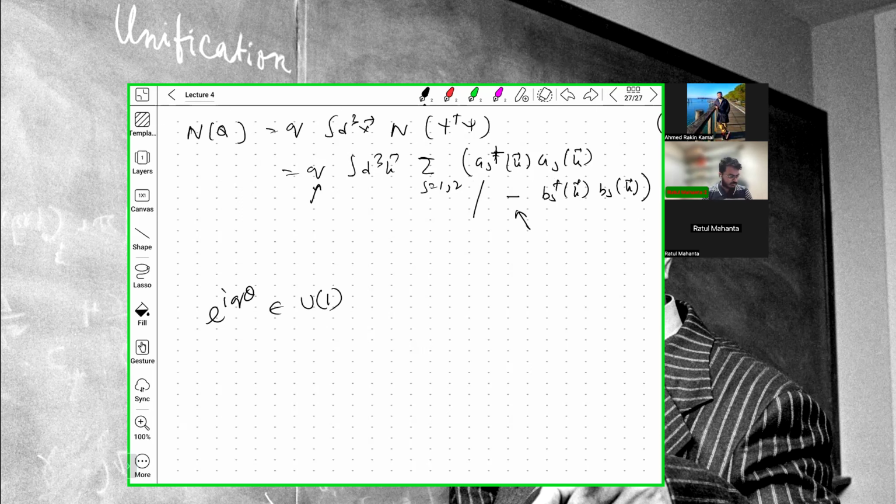All theta are continuous parameters. They are elements of unitary 1 by 1 matrices, and that's why it is called U(1). So in this U(1) charge, particle and antiparticle contribute in an opposite way. That's why we call them fermion and antifermion.